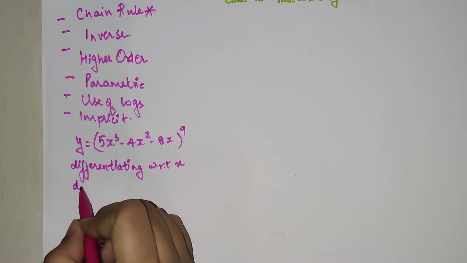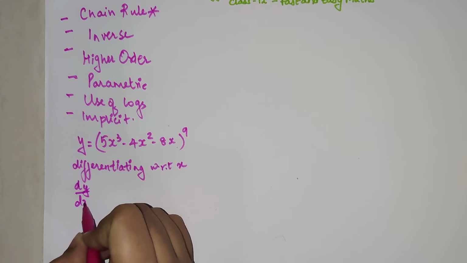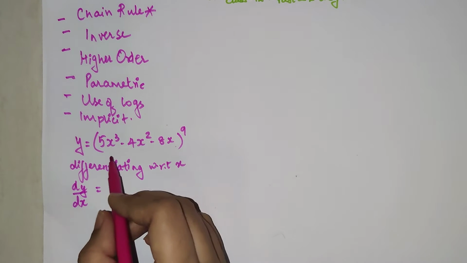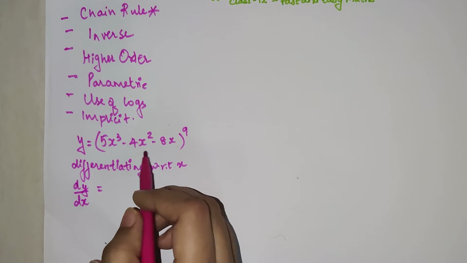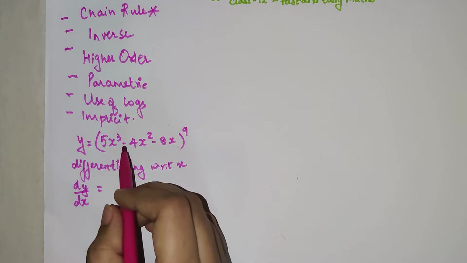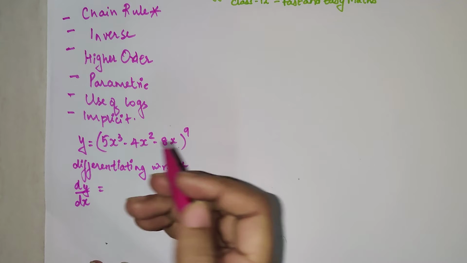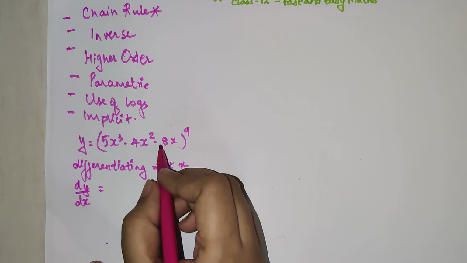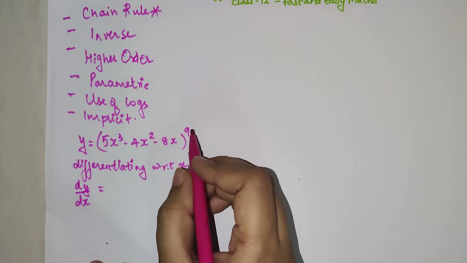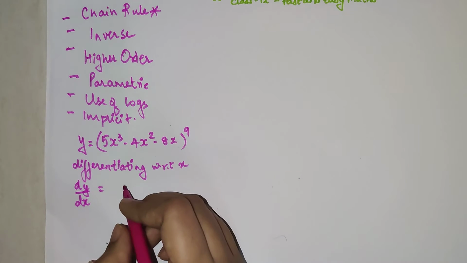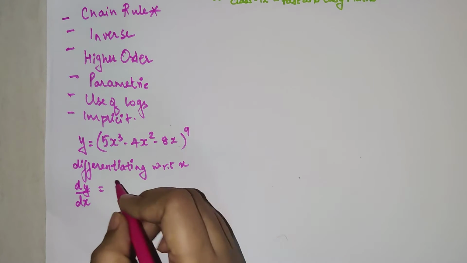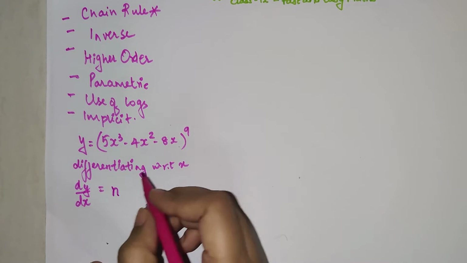So when you differentiate y with respect to x, you will get, now please understand, what is a chain rule? You treat all of this as nothing but function in x, because all of these are nothing but terms in x. Okay, so here if we say this is a function in x raised to an n power, so we are just going to use that formula. So x raised to n is nothing but 9x.